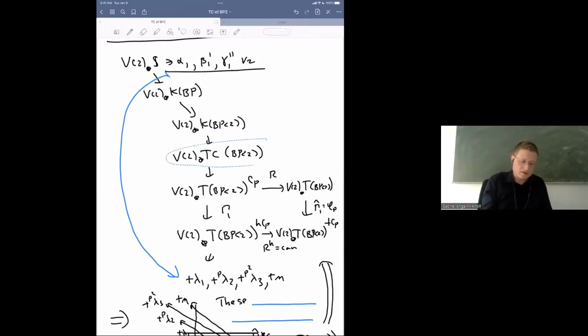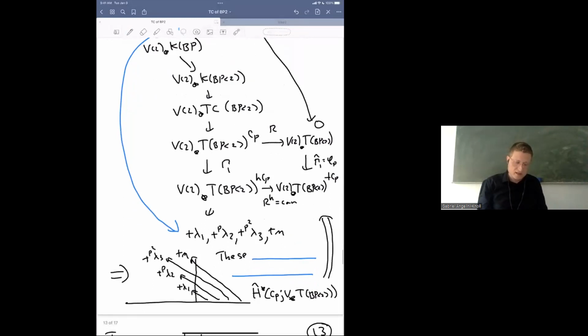Okay, so since these are also TC classes, they're in the equalizer of 1 and R, in other words, the kernel of R. So that means they map to 0 here, basically. So particularly, they also map to 0 in the take construction, and that means that they're elements that are in sort of both of the spectral sequences here.